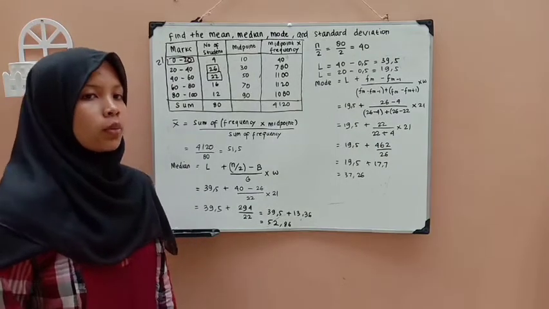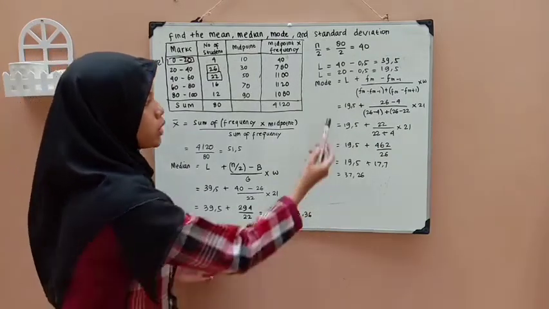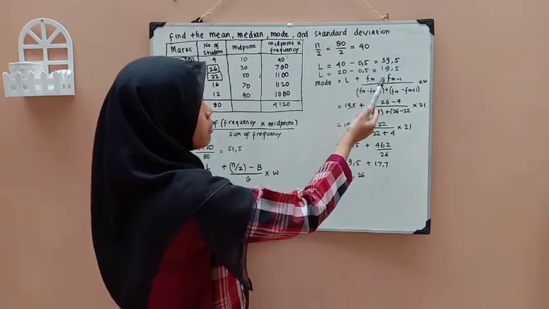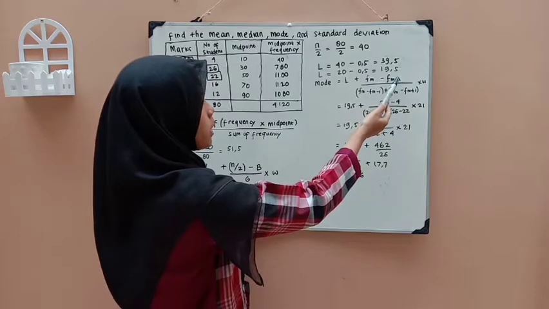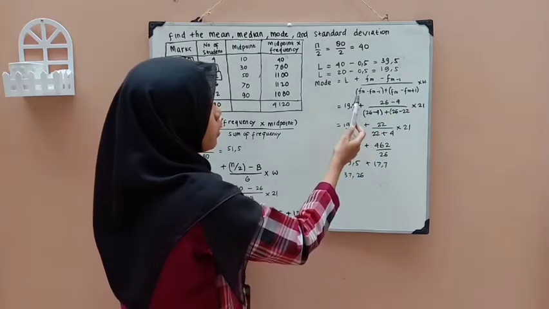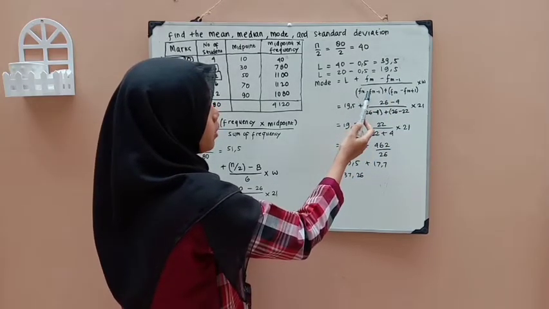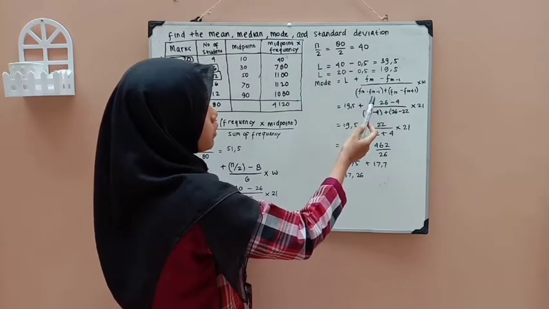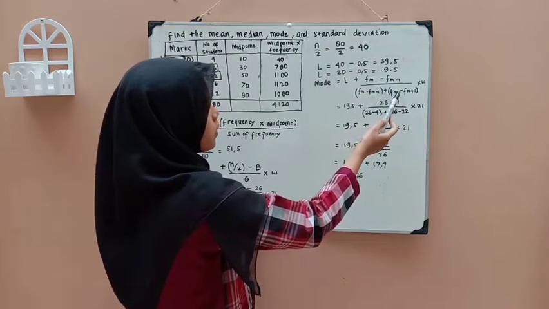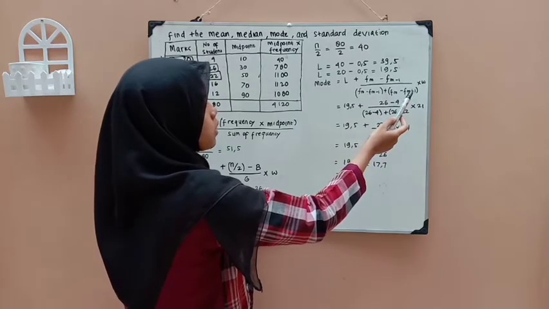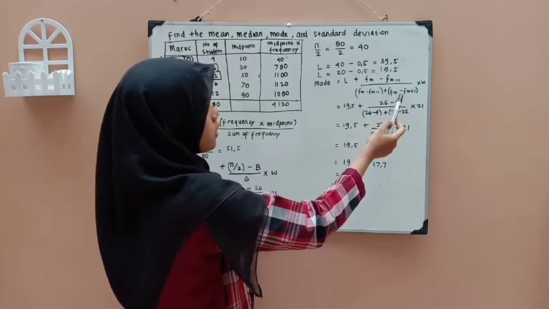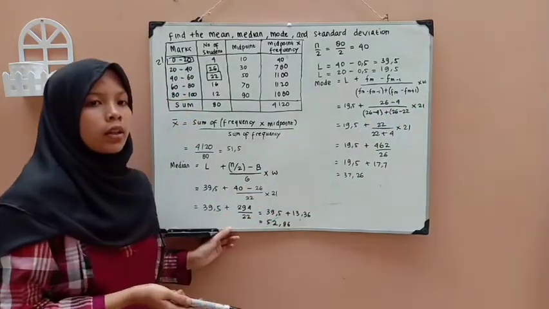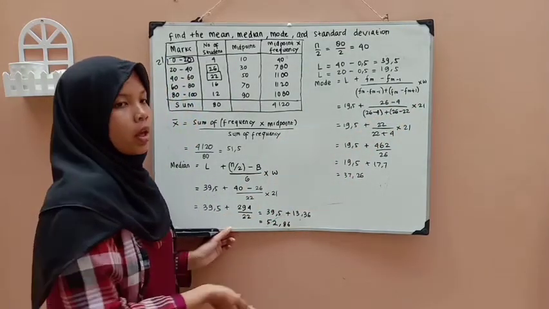Mode. The mode formula is mode equals L plus (F subscript m minus F subscript m minus 1) over ((F subscript m minus F subscript m minus 1) plus (F subscript m minus F subscript m plus 1)) times W. L is the lower class boundary of the modal group.